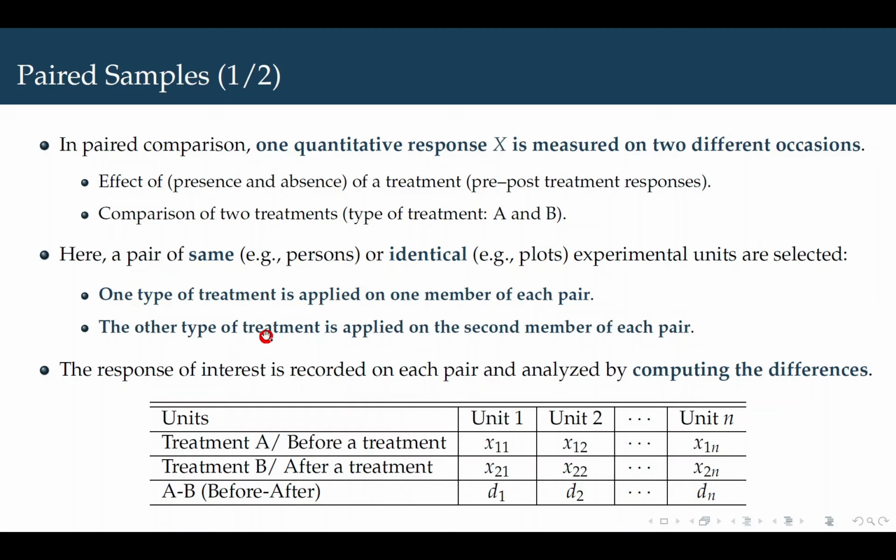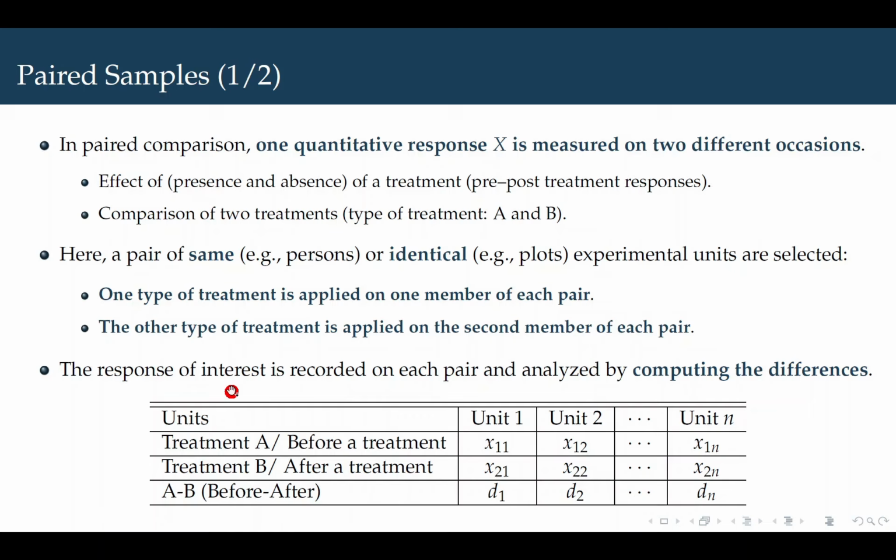Then on each pair, the response of interest will be recorded, and the interest is to determine whether the population mean difference of this quantitative variable is different between these two members of the pair.